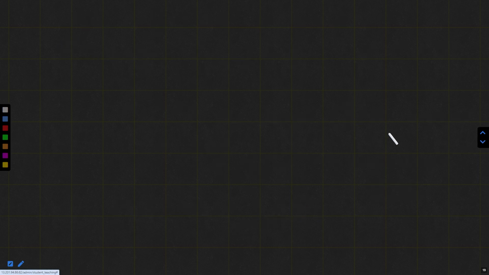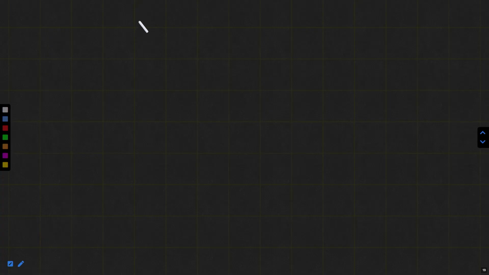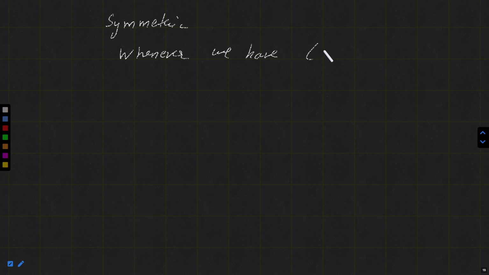Now what about symmetric? The symmetric definition says whenever we have a pair A comma B in relation R, then B comma A also belongs to the relation R. This must happen.